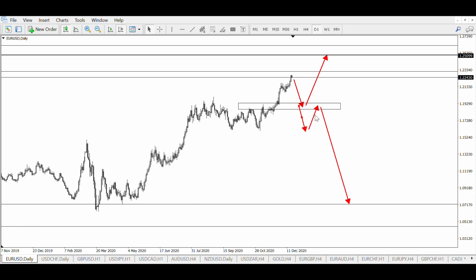But for now, seeing that price is making higher highs and higher lows, I am expecting price to move up from here. Only once price breaks this level, that is when my bias towards Euro USD will change.